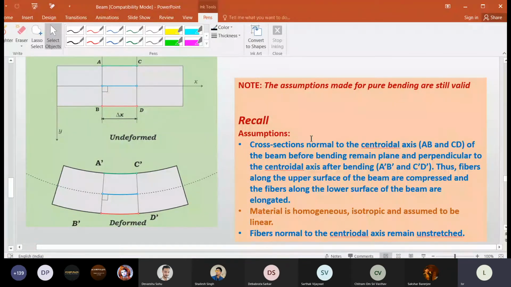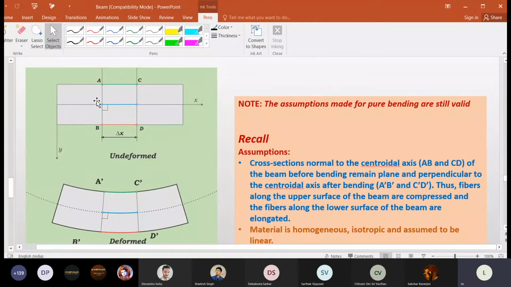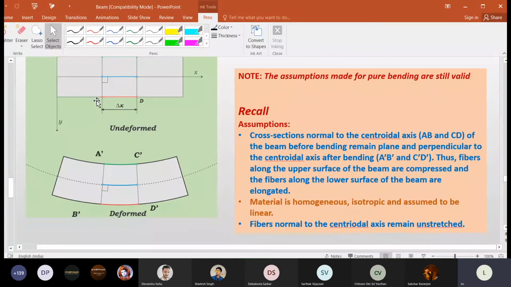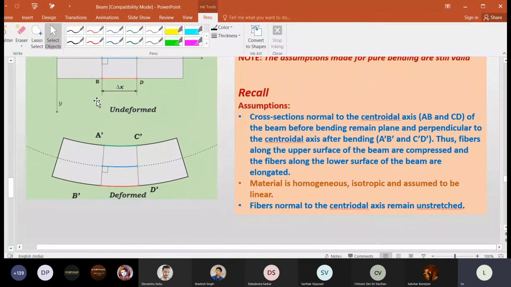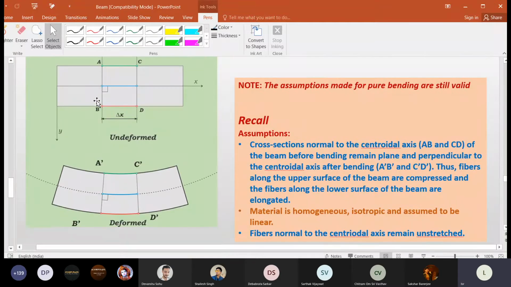Whatever assumptions we made in the case of simple bending remain valid in the case of unsymmetrical bending. As I said, the story is the same. Unsymmetrical bending was also solved initially by mathematicians.